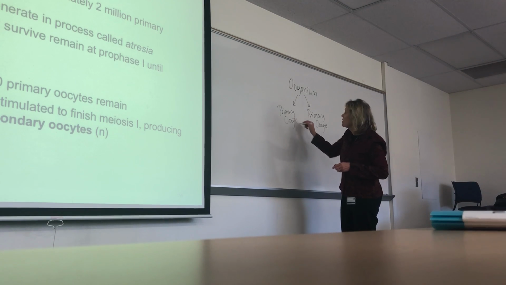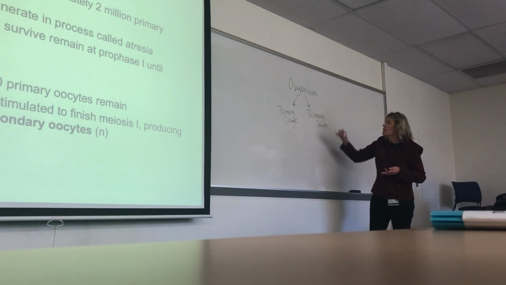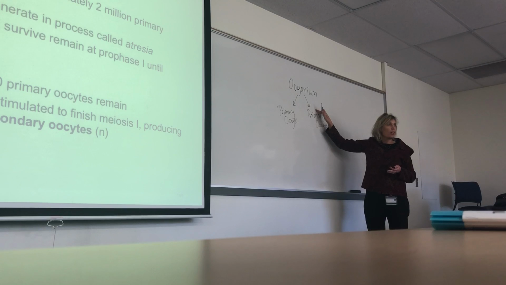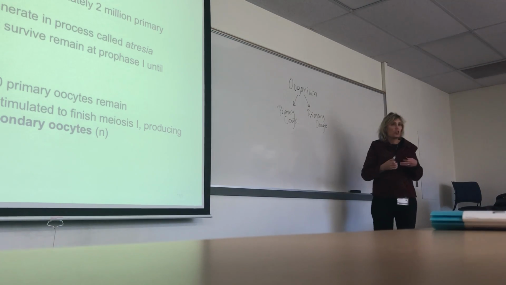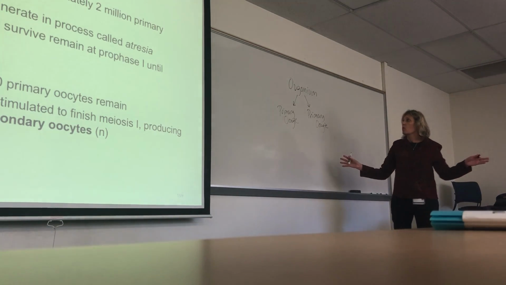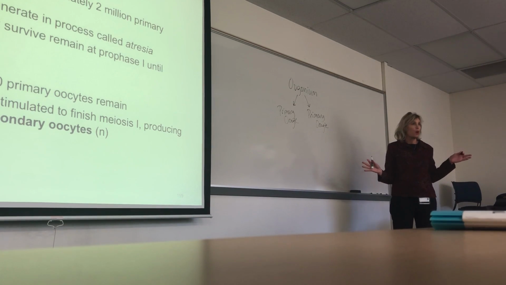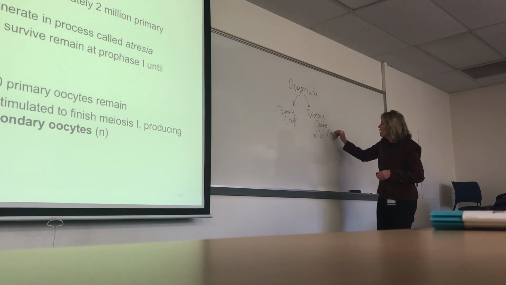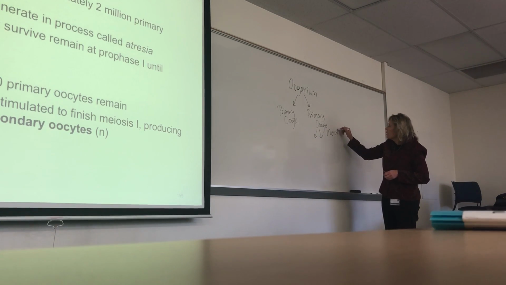Now, the other difference from the male: in the male, one spermatogonium stayed as a stem cell, and the other became the primary spermatocyte. In this case, she's going to have all she's going to need at birth, so both of those oogonia are going to become primary oocytes, right? Each primary oocyte is then going to go through the process of meiosis 1.